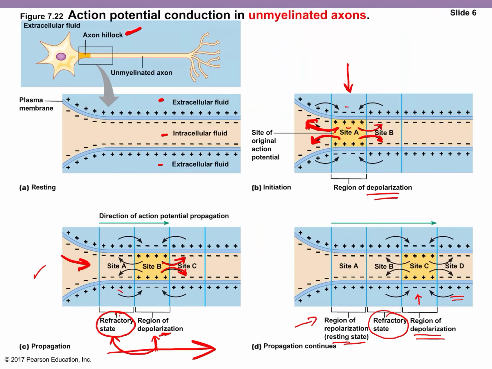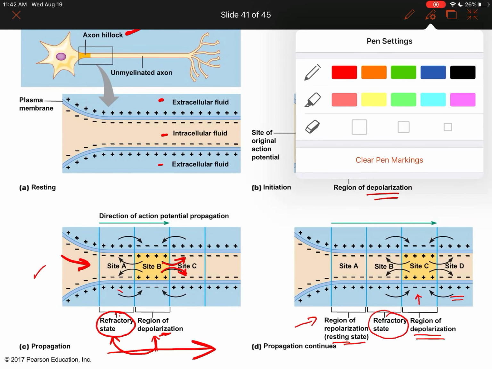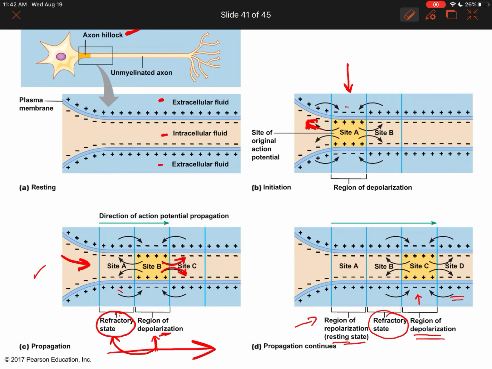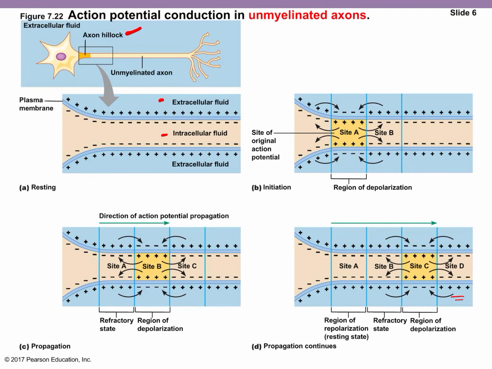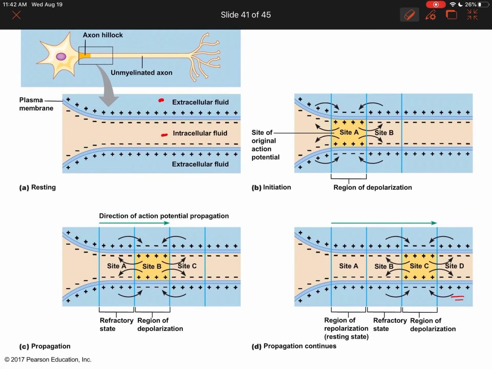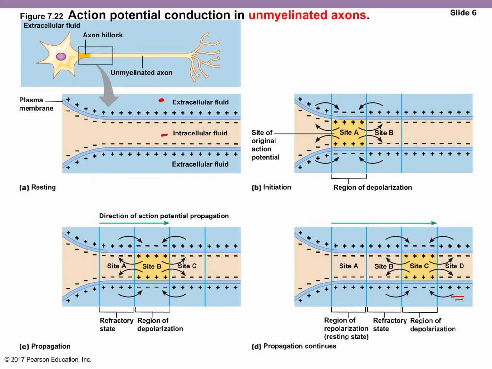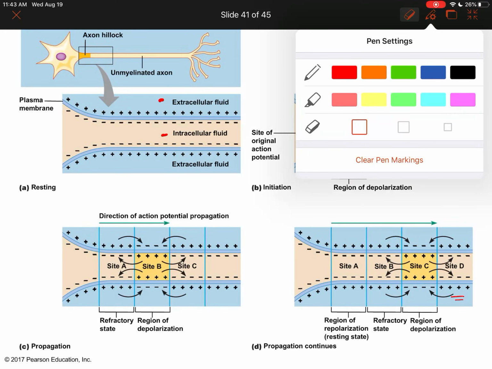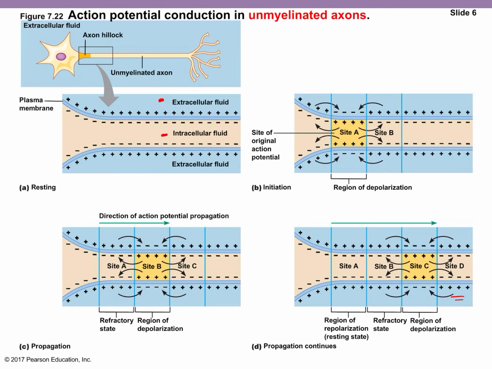All right, so I talked about the propagation of the action potentials here. If we remember, I'm just going to erase some of these marks I made. If a neuron is unmyelinated, then the action potentials will move incrementally down the axon.